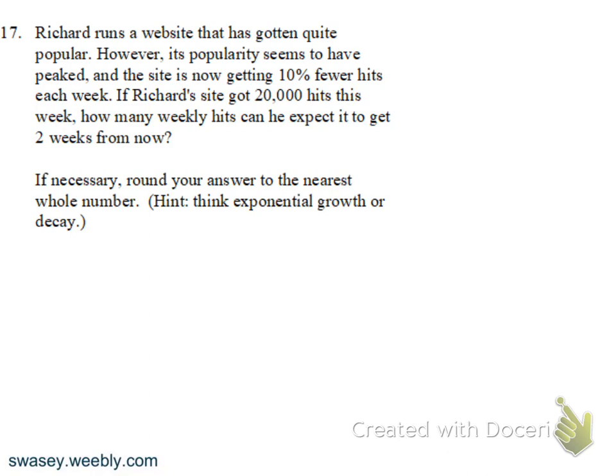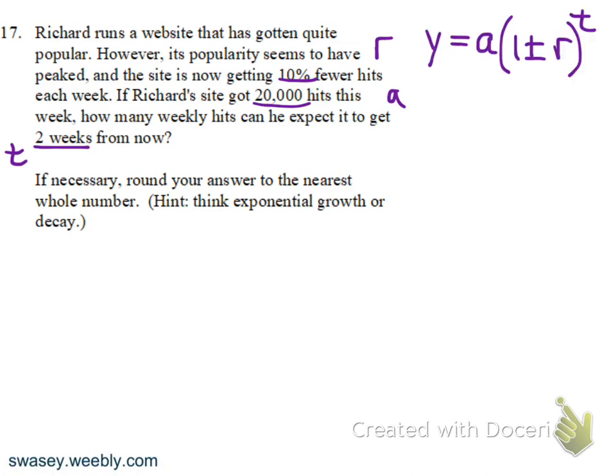All right, we see the starting amount, the rate, and the number of weeks, the exponent. So this is exponential decay because we're having fewer hits on the site each week. So we'll substitute into this formula, starting with 20,000. Decay, so we'll put minus 10%.